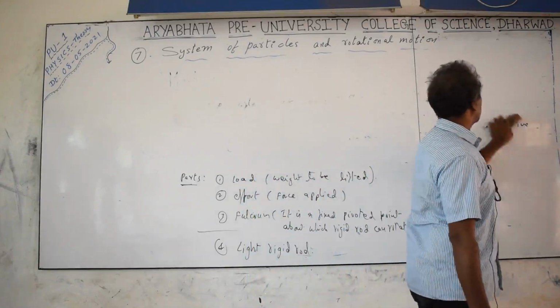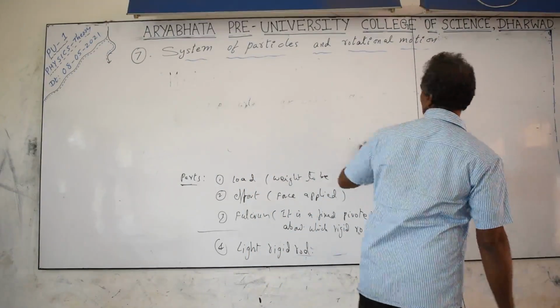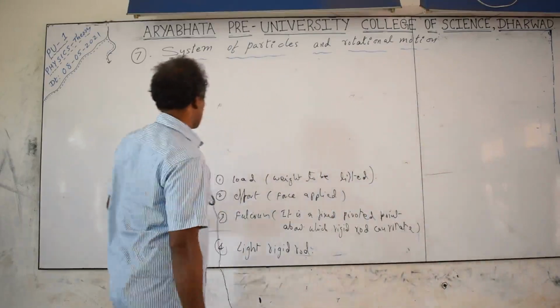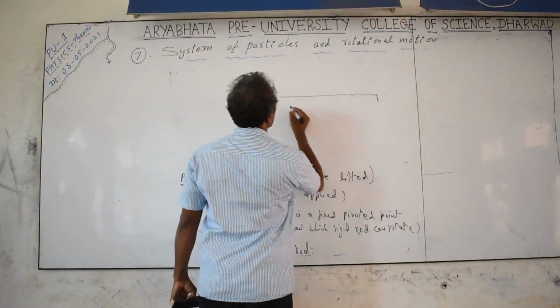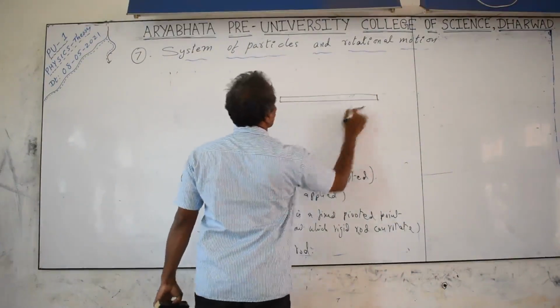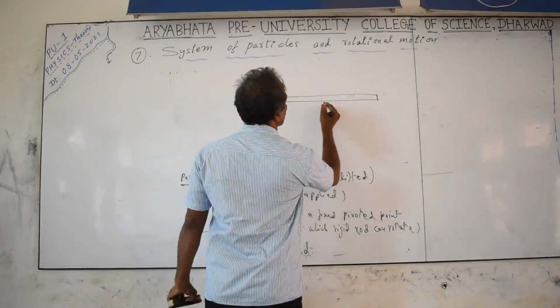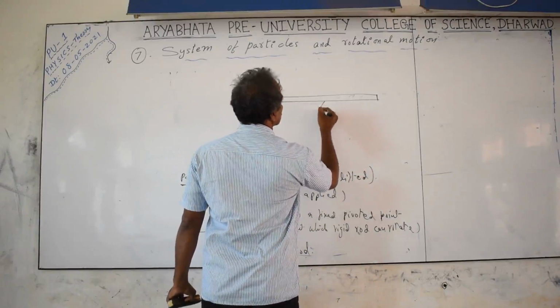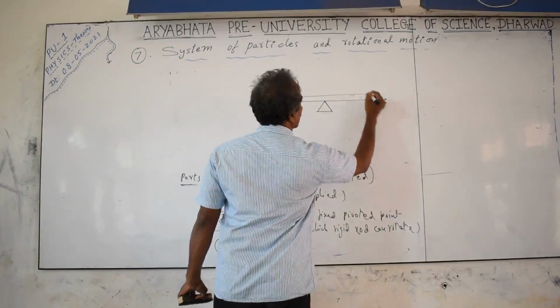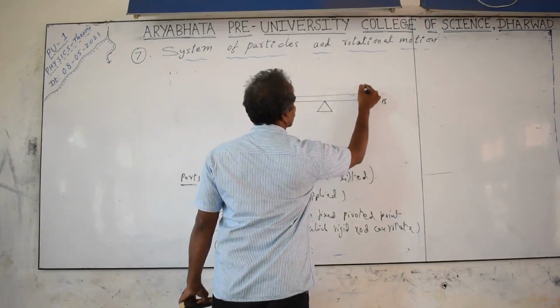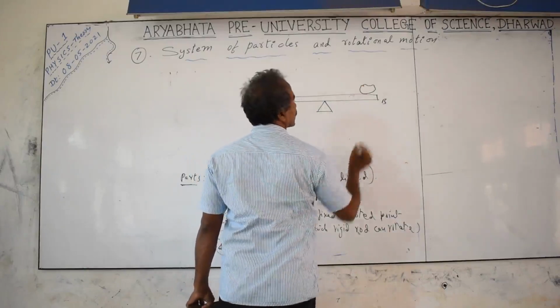Archimedes used this mechanical lever mainly. Diagram for this: AB is a rigid rod, and you are keeping some load here, some stone or something.